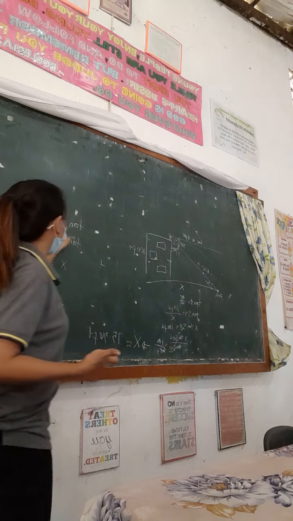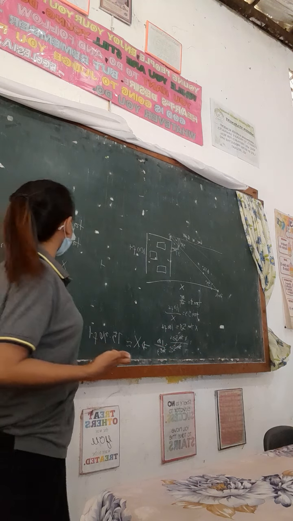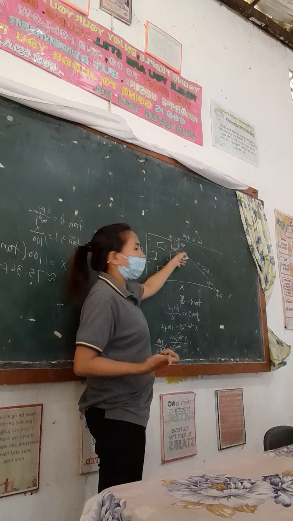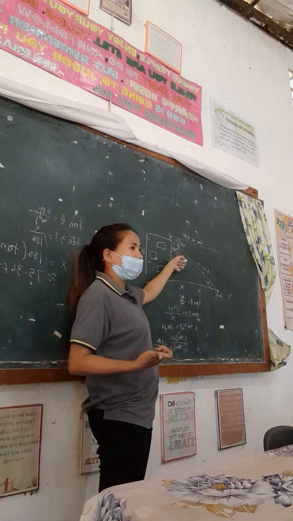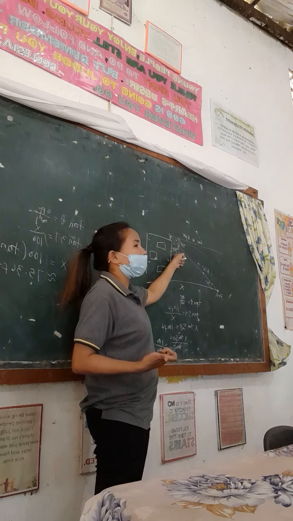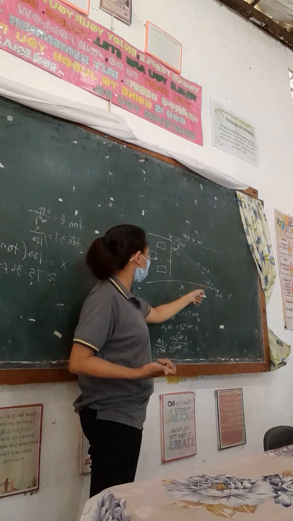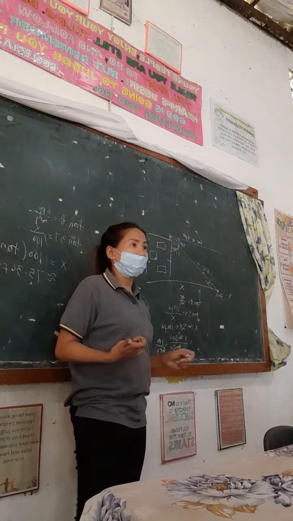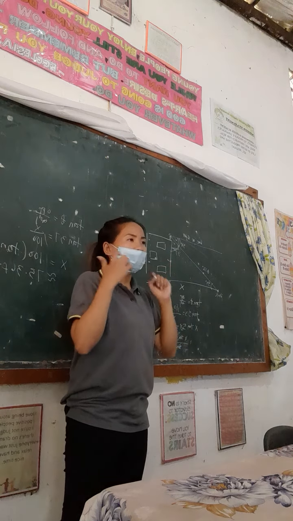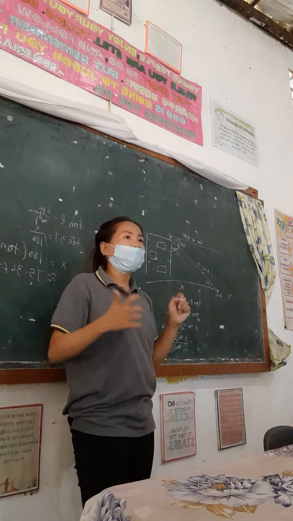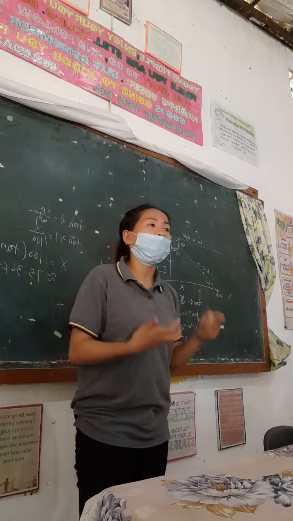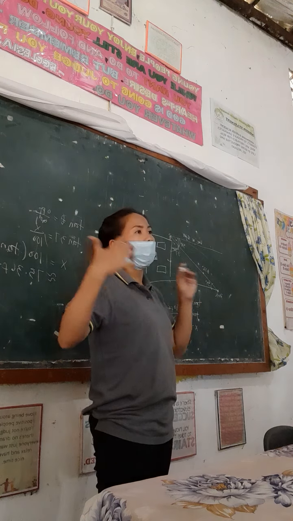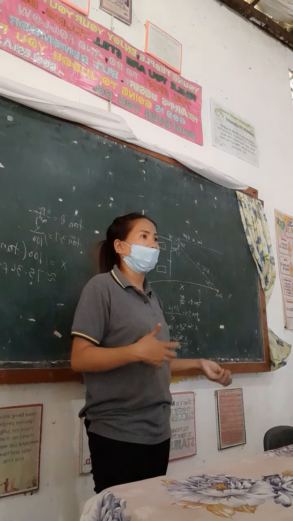But if you're looking at the angle from the top, which is your angle of depression, you base your opposite side as the distance, and the adjacent side is the height of the building. So remember, depending on where your angle and theta are based, that determines your opposite side and adjacent side.